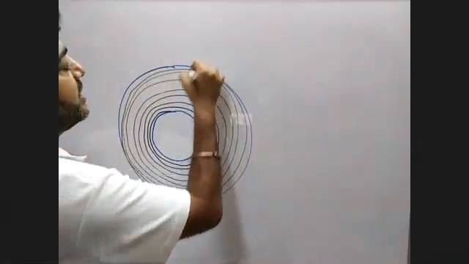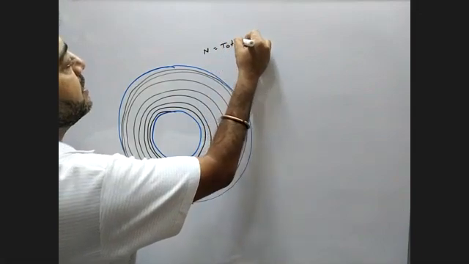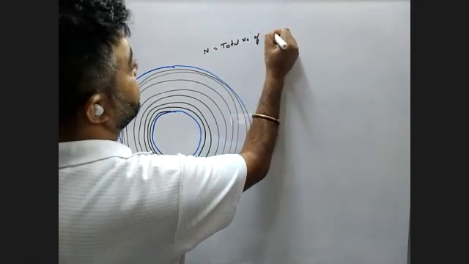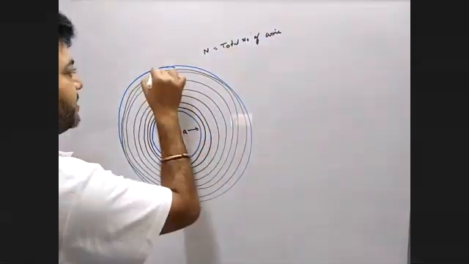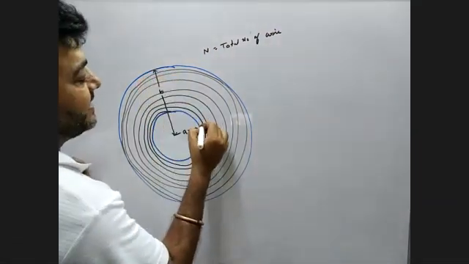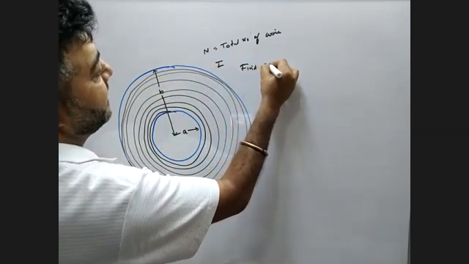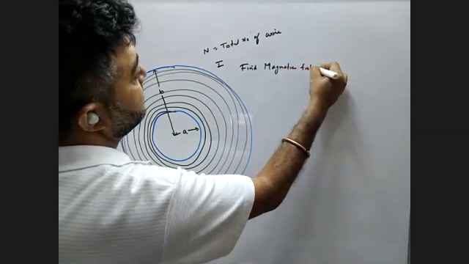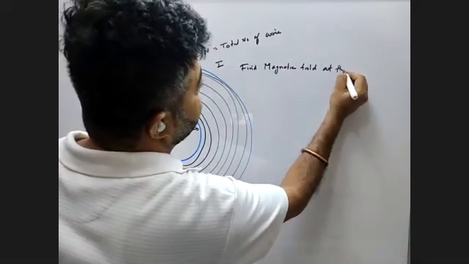Okay, the total number of turns of wire is N. A is the inner radius, B is the outer radius. I is the current. Find the magnetic field at the center.